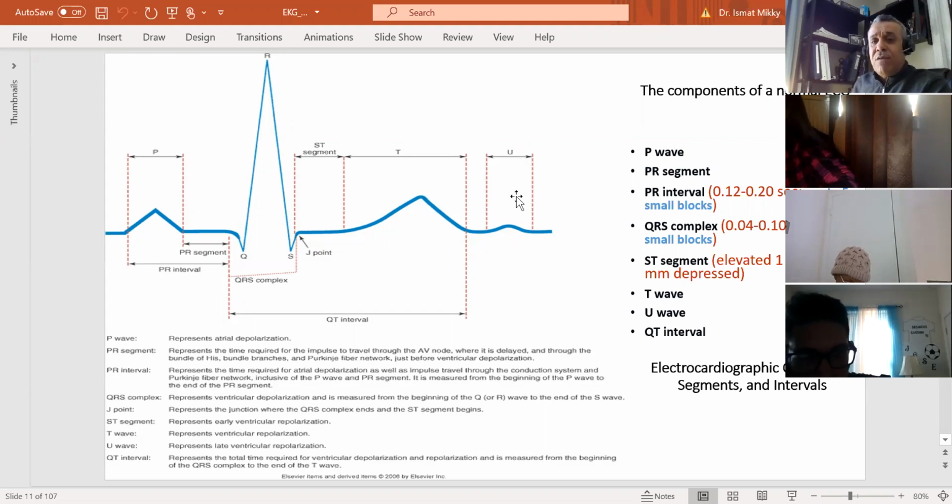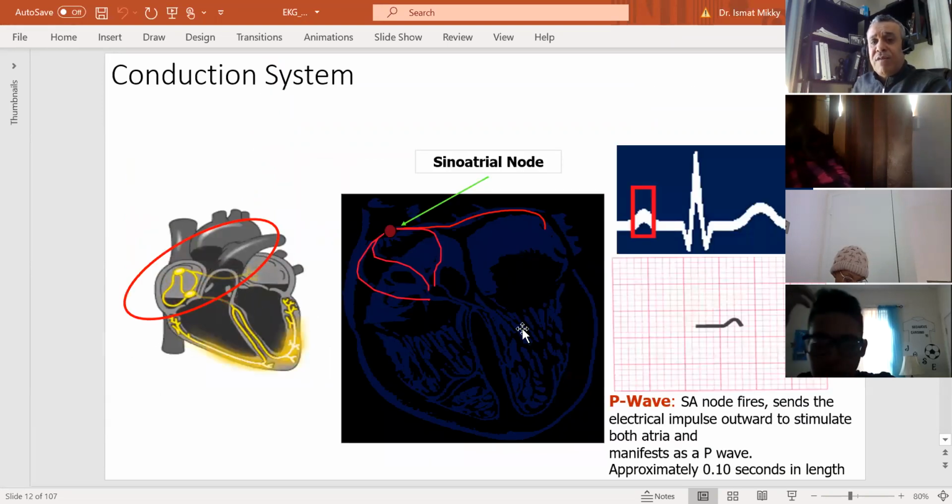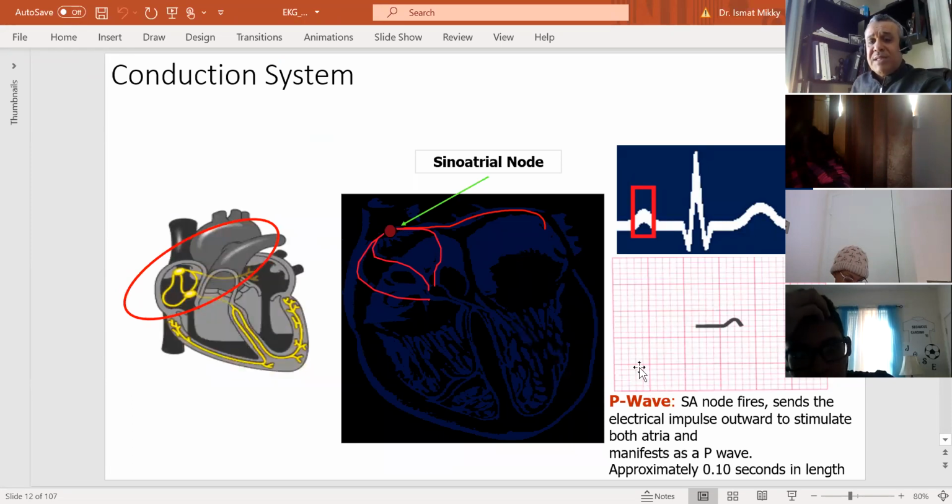It's the time for the cardiac cycle to reset itself, like a resetting time for the new cycle. So P, Q, R, S, T, and then U. These are the major components of the EKG strip.